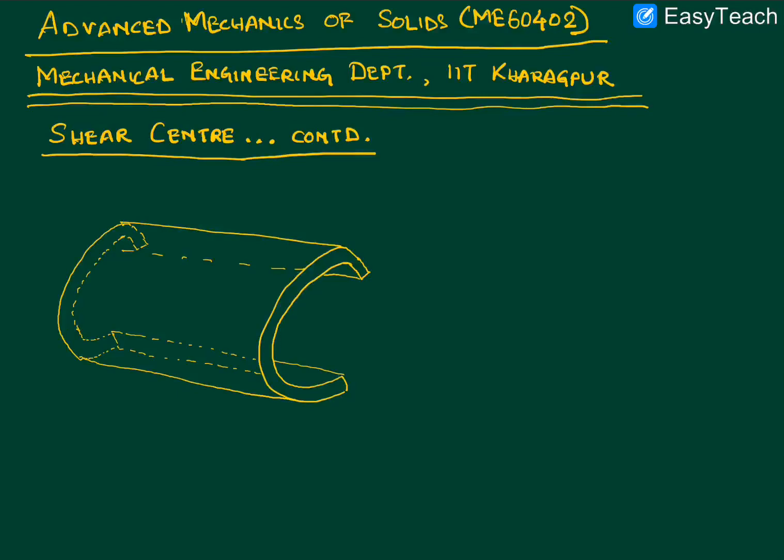So I'd like to mention that this beam has a thin walled open section, meaning that this particular thickness here is very small, and because this end is not joined to this end, unlike for example an annular circular cross section, this is an open section.